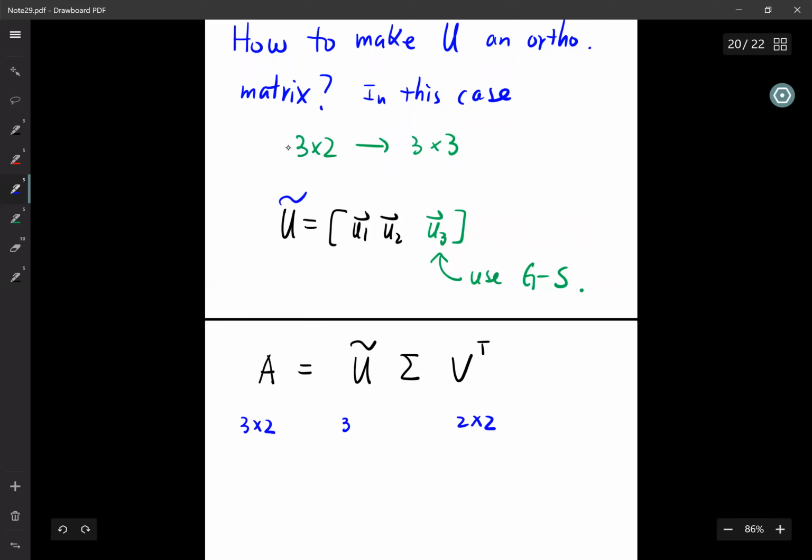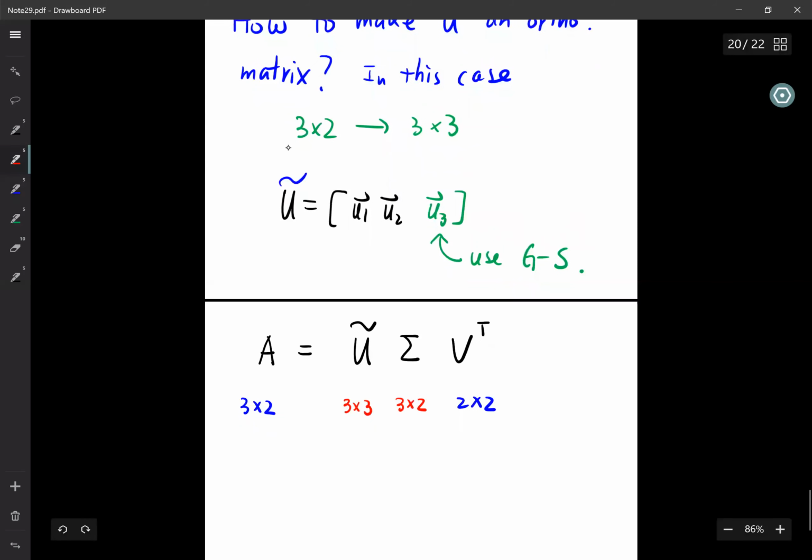This now becomes 3 by 3. Then sigma also has to be modified, becoming a 3 by 2. That's the only natural conclusion, right? So I need to put a tilde here, here, and here. I have already chosen U tilde to be this one with an additional random column. That's orthogonal.